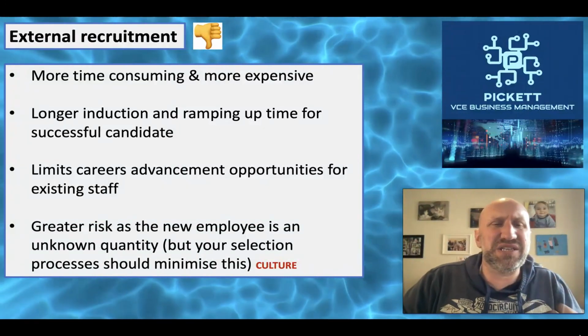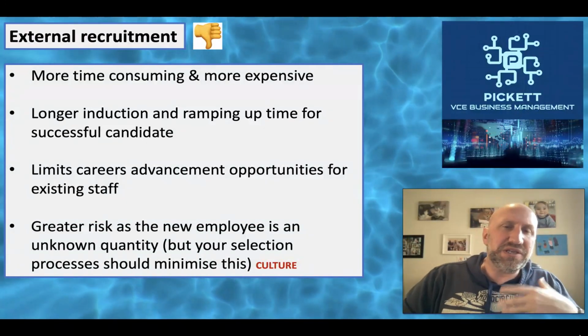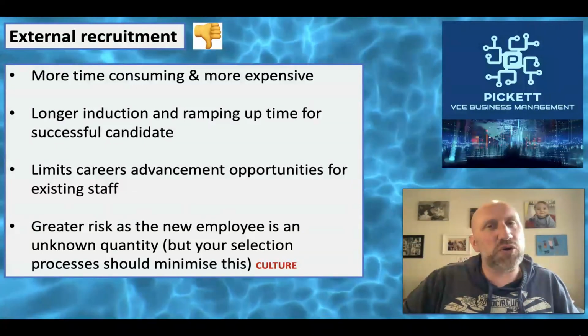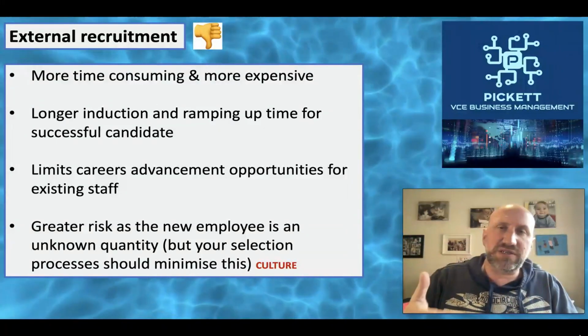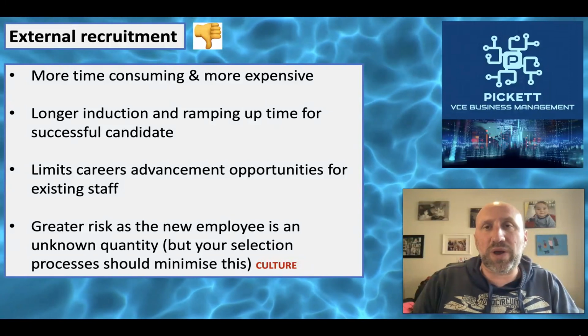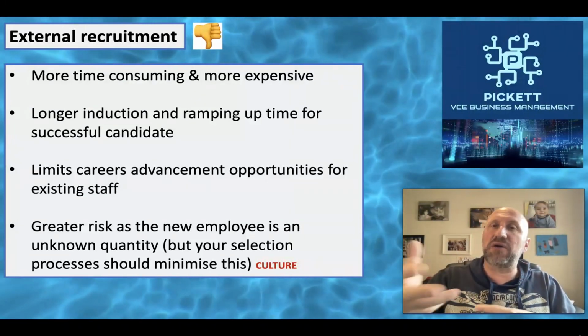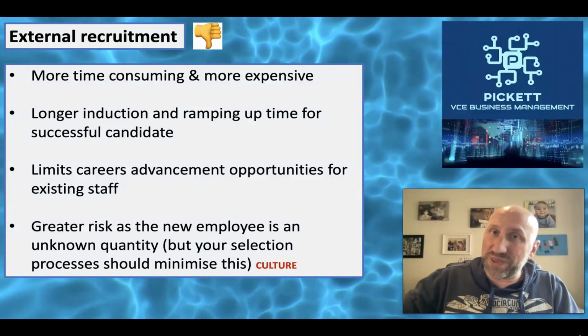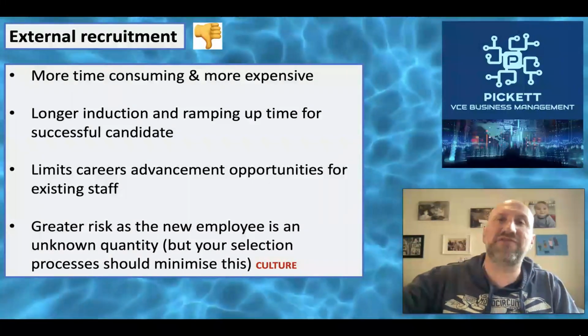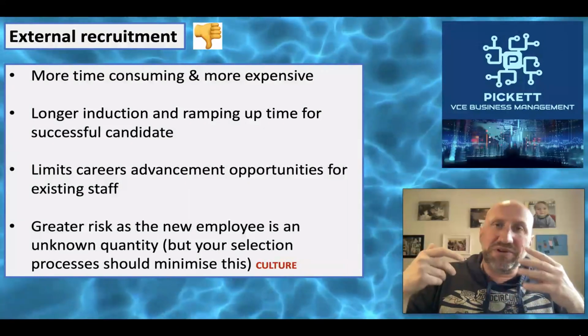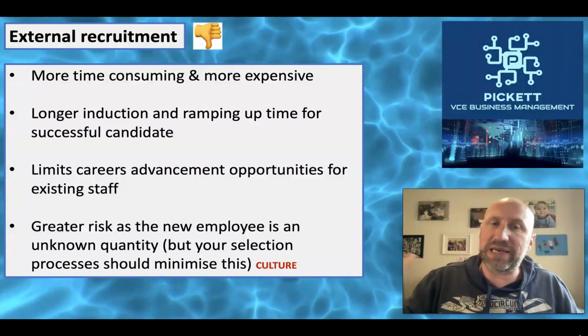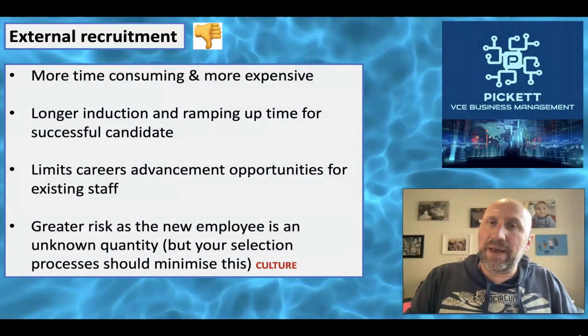And then finally, the idea of greater risk, because this new employee is an unknown quantity. Again, if you compare this with internal recruitment, where you already know that person, or even if you do not personally know that person, other people within the business know that person and have vouched for them. Whereas this is someone that is a completely unknown quantity.